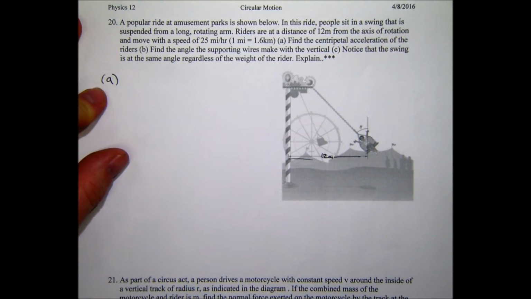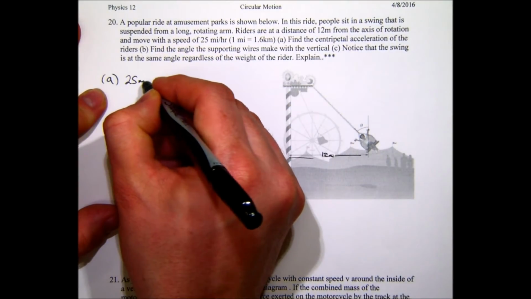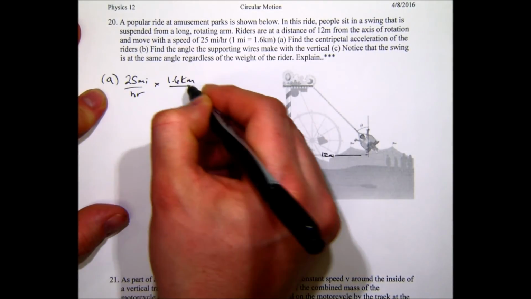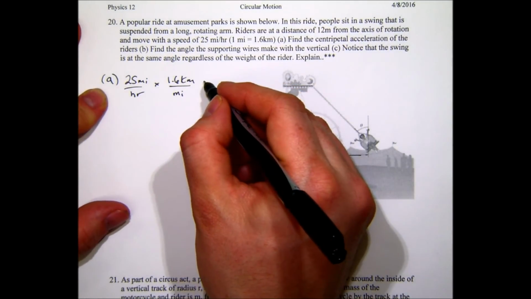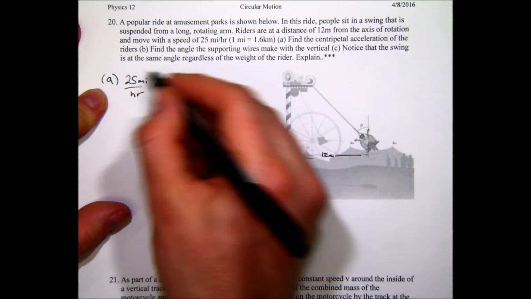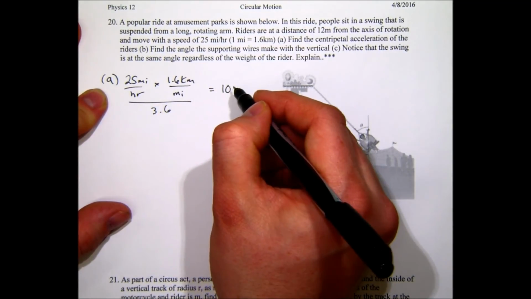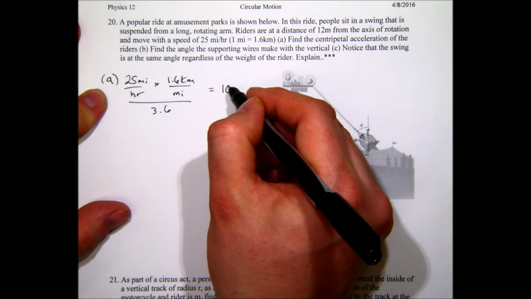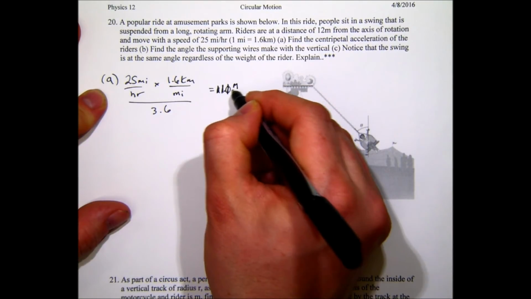Find the centripetal acceleration. First of all, 25 miles per hour times 1.6 kilometers per mile gives me kilometers per hour, and then we just divide that by 3.6 and I get 11.1 meters per second.